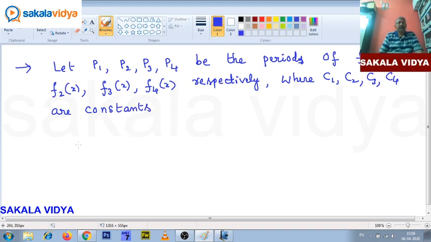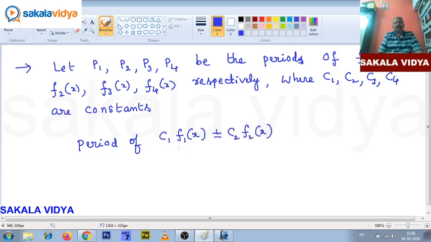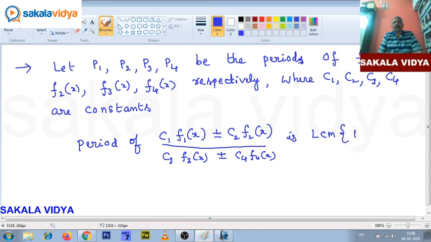Then the period of the function in the form C1 into f1 of x plus or minus C2 into f2 of x, upon C3 into f3 of x plus or minus C4 into f4 of x, is nothing but the LCM of P1, P2, P3, P4.